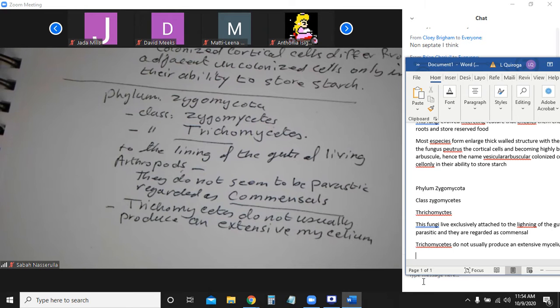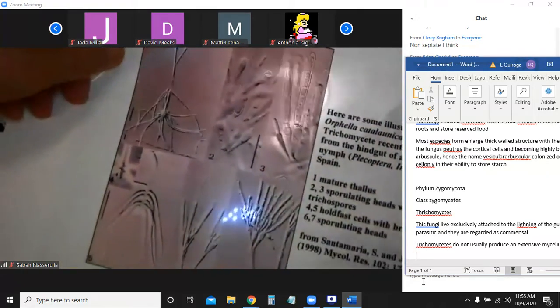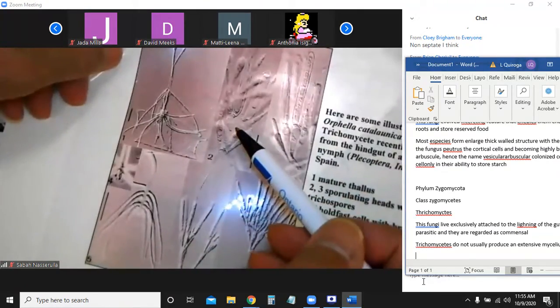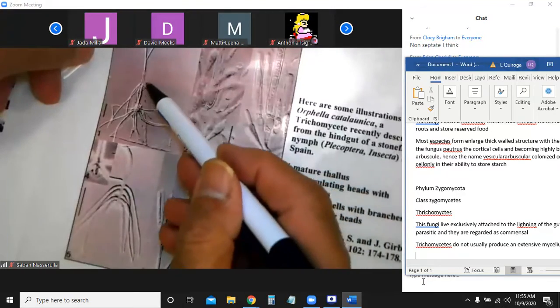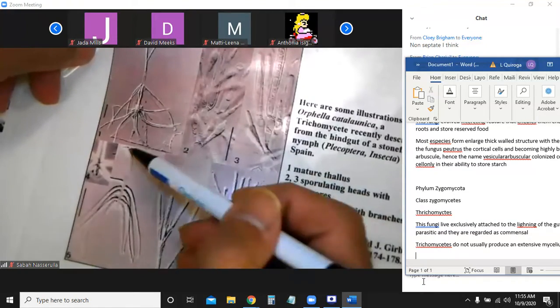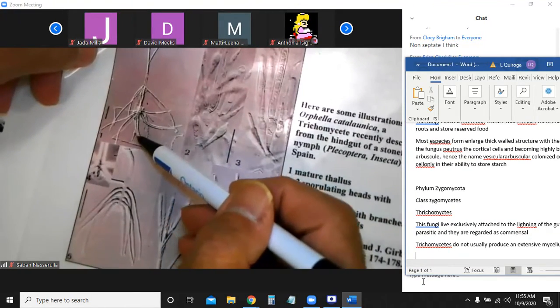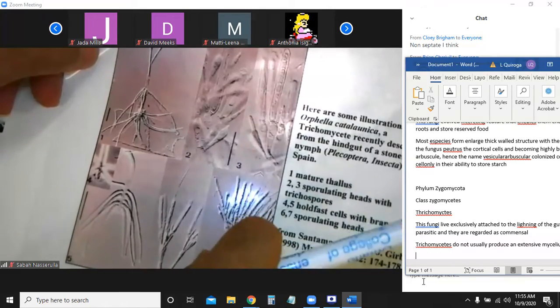I don't know if you can see this one here really. This is some of them, how they look inside the cell. They are like this. Most of the time they have a form like a holdfast to hold to the substrate.